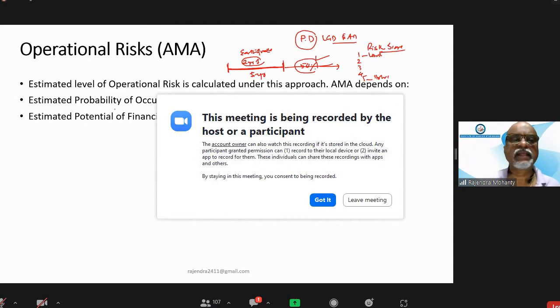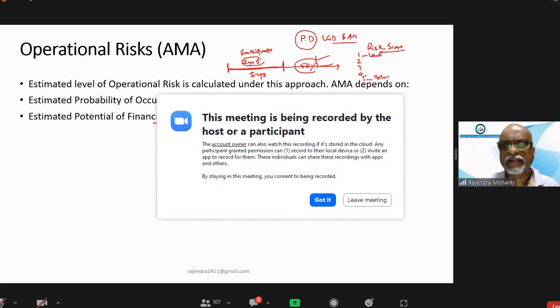Second is, if it happens, then what will be the financial impact? Financial impact is nothing but the amount of loss. So this is based on the potential of historical impact of amount of loss; due to historical impact we have already assessed whatever the occurrence will be.